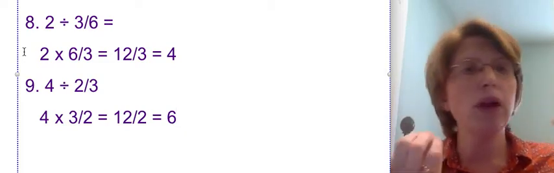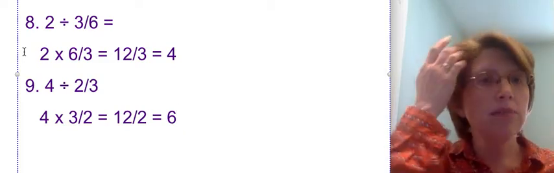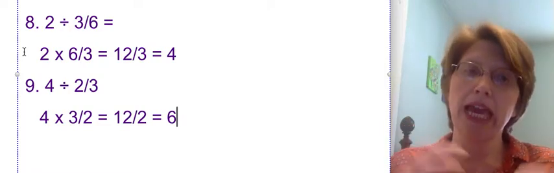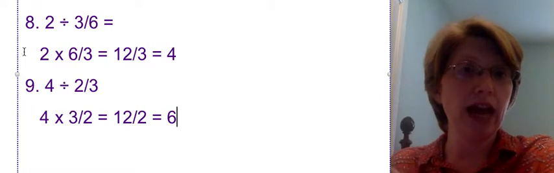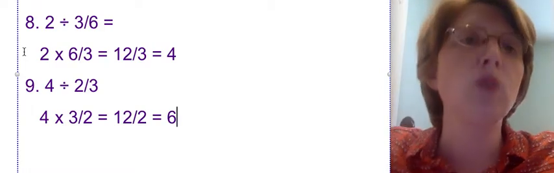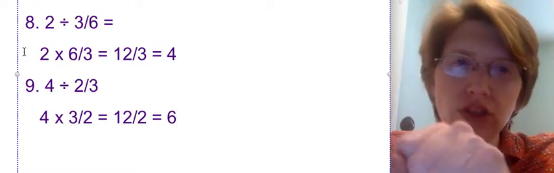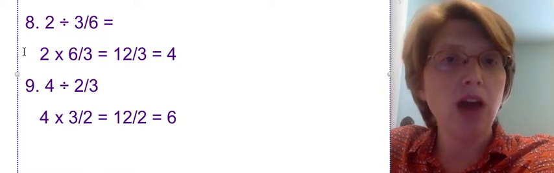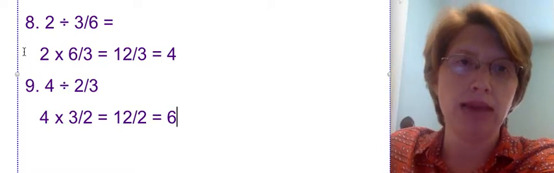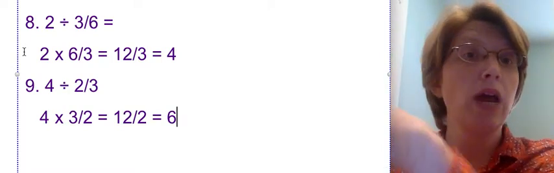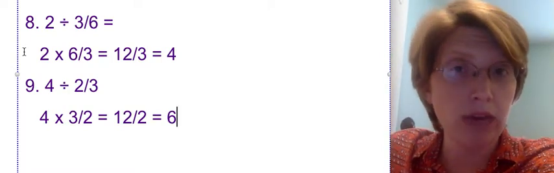Our brains work well with that sometimes. Sometimes when we're dealing with a new concept, though, it can confuse us a little bit. So if you want to try to figure it out their way, you go right ahead. More power to you. You can do it. And you can read that top and figure it out. But if not, it works the same way. Flip the right-hand number. Keep doing the same way we have been doing.